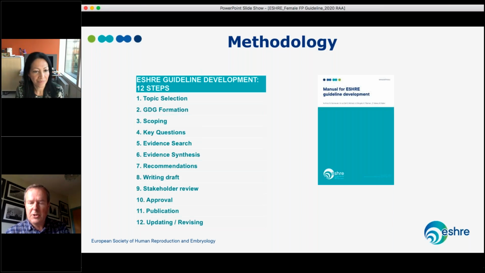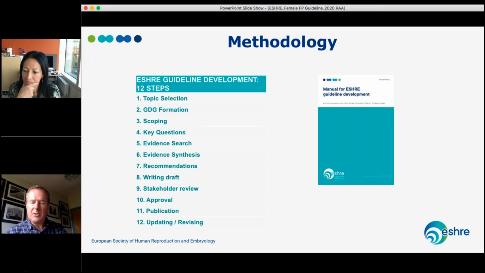Critically, an evidence search and an evidence synthesis, because these are very much evidence-based guidelines, drafting the recommendations on the basis of that evidence, and then when that is all put together, it all goes out for stakeholder review, which is very valuable, and actually we had a lot of stakeholder comments which I'm sure improved the document in the end. And actually that review document is viewable by all on the ESHRE website.